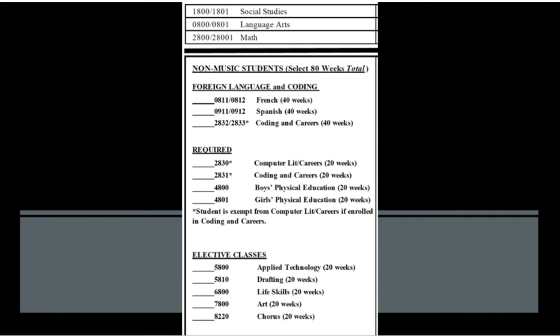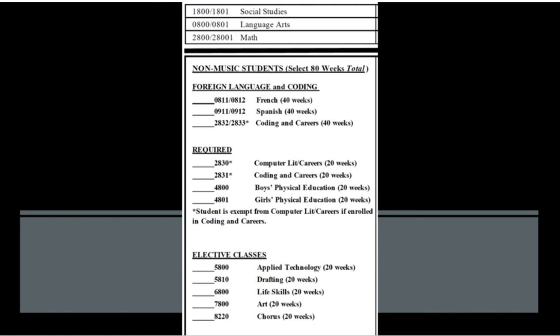The alternate will only be used if we can't get you into your checked selections. If for some reason we can't fit you into those classes, which we likely will be able to do, we'll go to your alternate elective option.